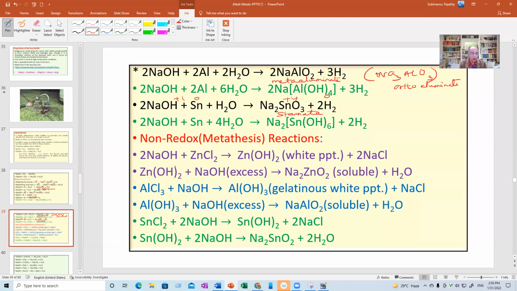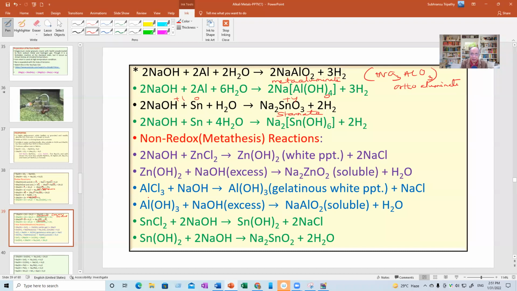Now, I'm showing you how precipitation will form first, and then with excess NaOH, the precipitate will dissolve, forming a soluble salt. For example, you take a zinc salt, maybe zinc sulfate, zinc chloride, zinc nitrate, and add sodium hydroxide slowly, dropwise. You'll first find a white precipitate of zinc hydroxide. Then if you add excess sodium hydroxide, it will show amphoterism to form sodium zincate, which is soluble.